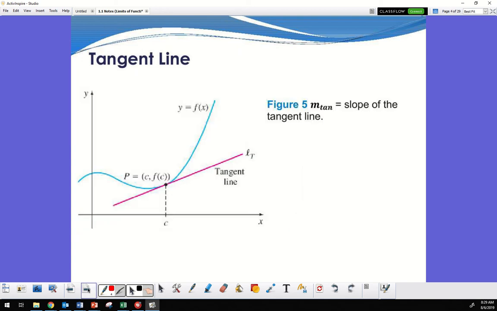Okay, so here's notation that you will see with this. This is important to take a look at because m, which is normally referred to as just slope, so m tan would be the slope of the tangent. You're going to see a couple other things that go along with this. We're going to have m tangent and m secant coming up here.